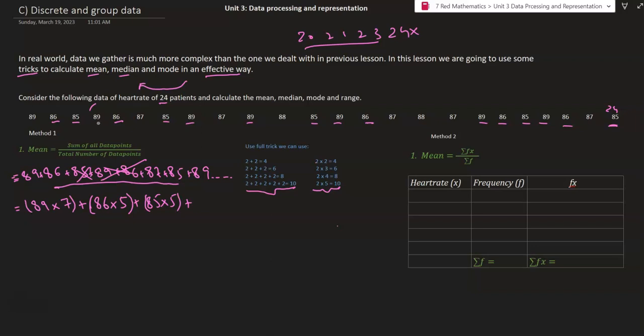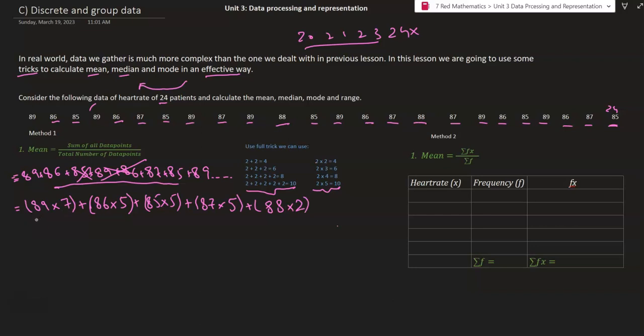Now we are done with 89, 86 and 85, so we are left with 87. 87 is 1, 2, 3, 4, 5, so that's also repeating 5 times. I'm going to add one more, and that is 88. 88 is 1 and 2, so I'm just going to multiply it by 2.